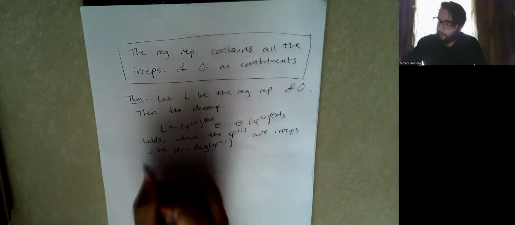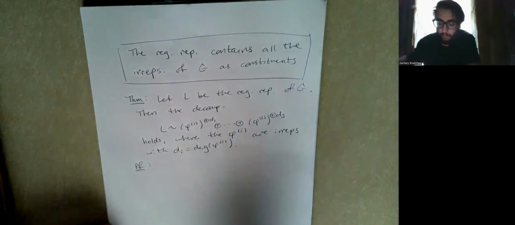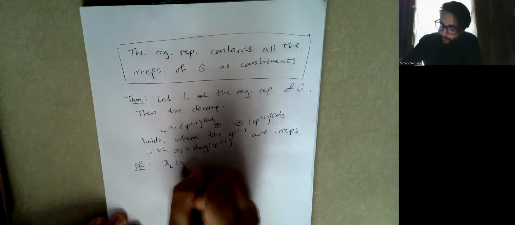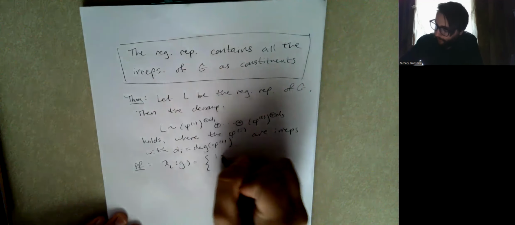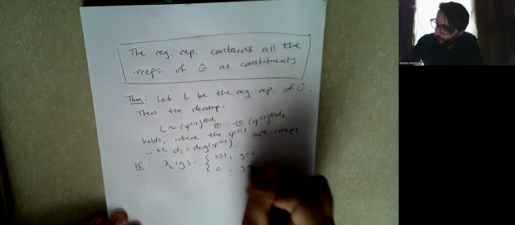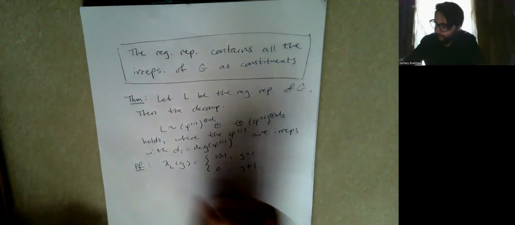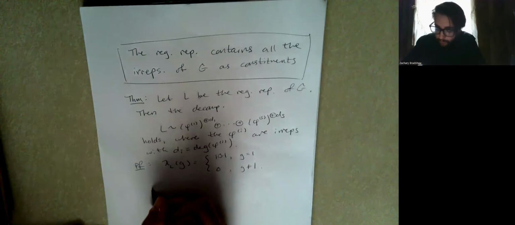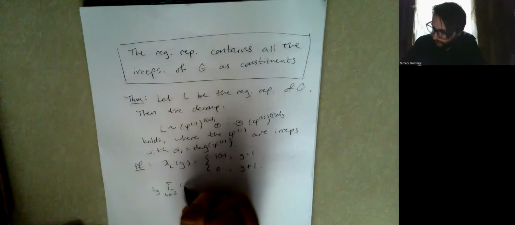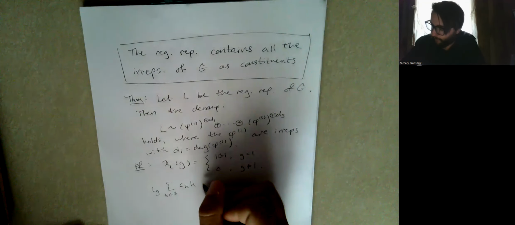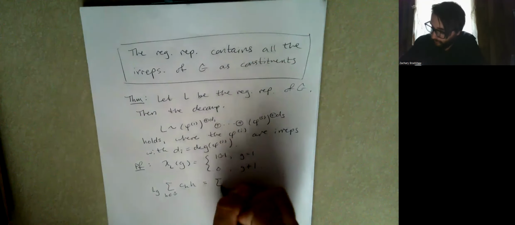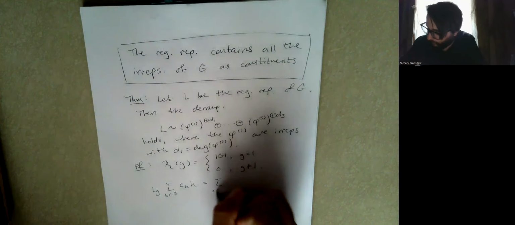Okay, so here's the proof. So first observe that the character of the regular representation is given by the order of G when g is equal to 1, and 0 when g is not 1. So to see this, let's observe that L_g acting on an arbitrary element of this formal span is equal to, well, we've already written it out.